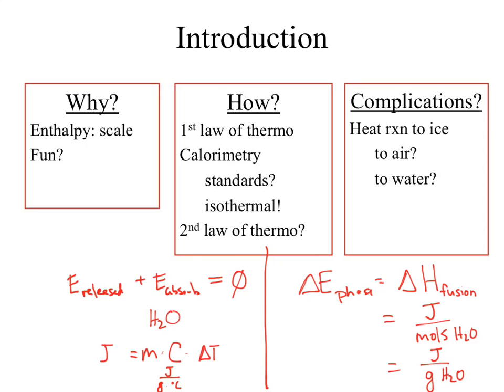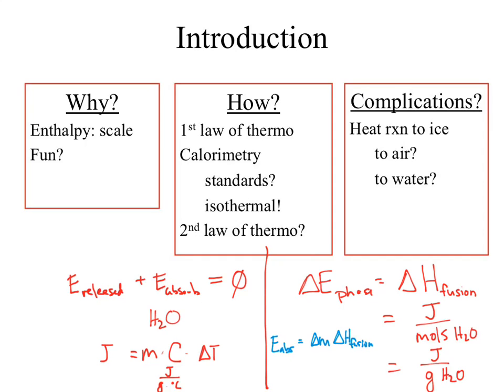Okay? To get the energy absorbed, we want to know how much water actually changed state. Okay? So our energy absorbed will be equal to the change in mass for the course of the reaction times our heat of fusion, which I guess isn't a delta, but m for mass.